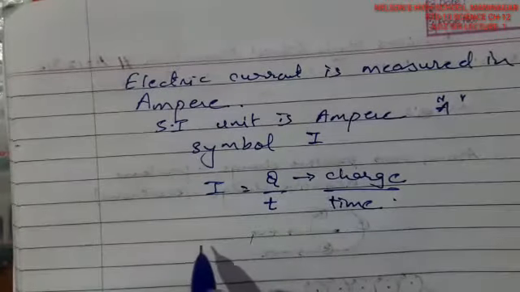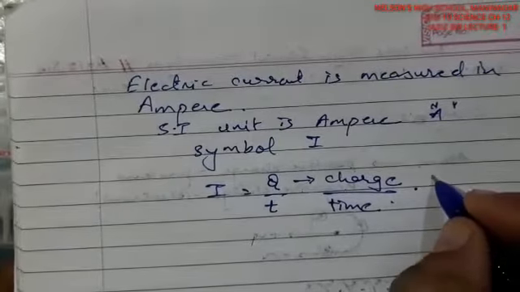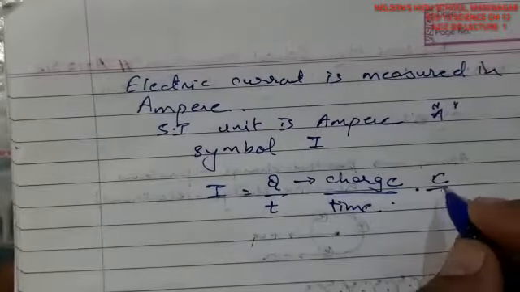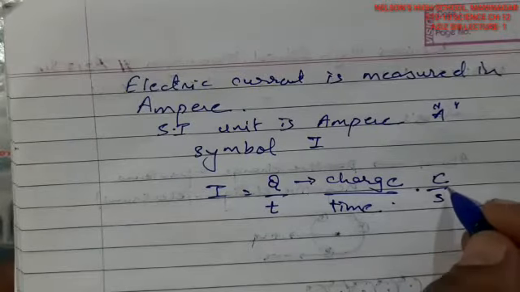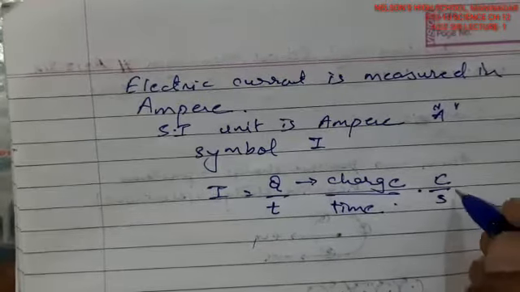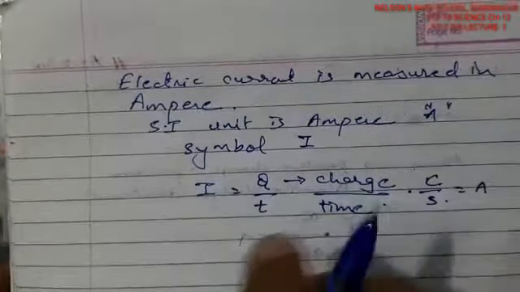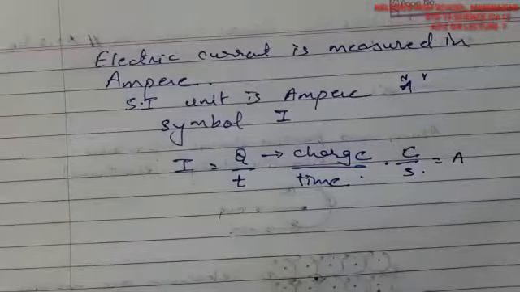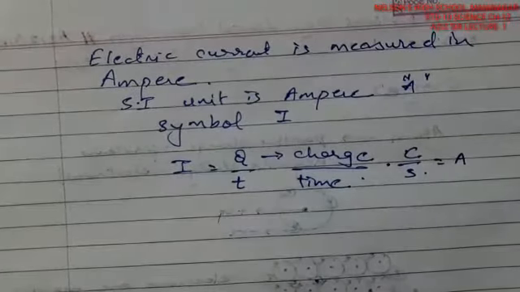In terms of ampere, this is equal to 1 coulomb upon 1 second, since time is taken in seconds. So coulombs per second is nothing but ampere, that is, how much coulomb of charge passes in 1 second of time.